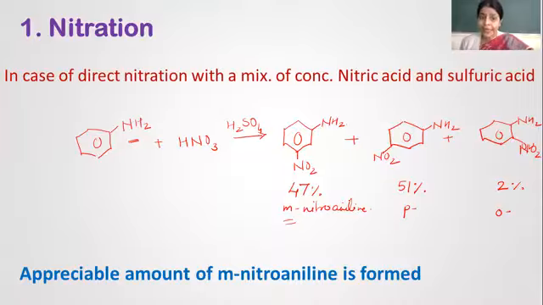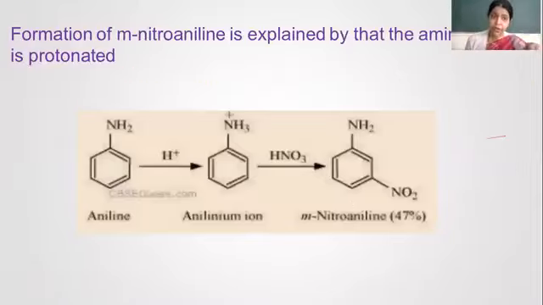That means direct nitration of aniline is not suitable for the formation of para and ortho compounds. What is the reason for the formation of meta-nitroaniline? Since the reaction is carried out in a strongly acidic medium, this is H+.